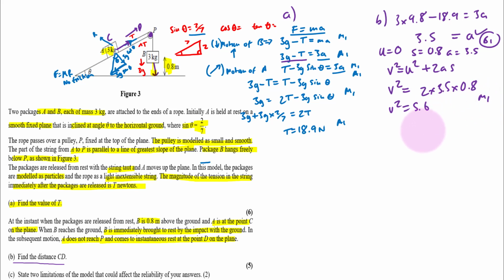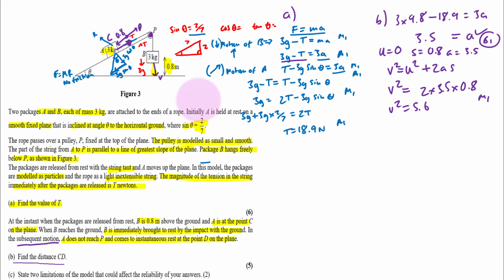Now some of you found v, so v here is essentially when this travels 0.8, and then the key word is the subsequent motion. So this is the learning point that we missed out, the subsequent motion.